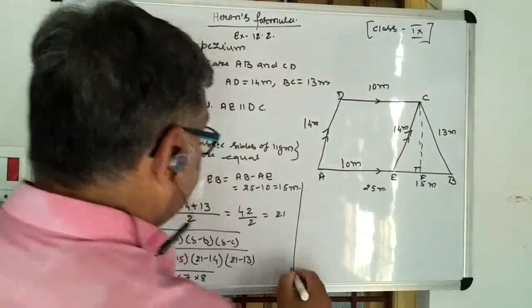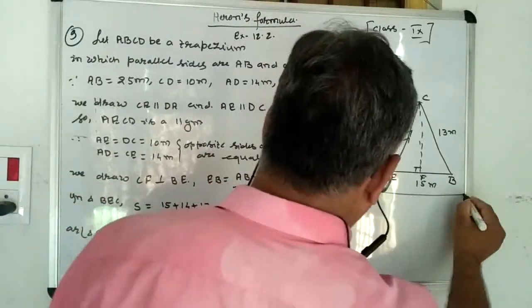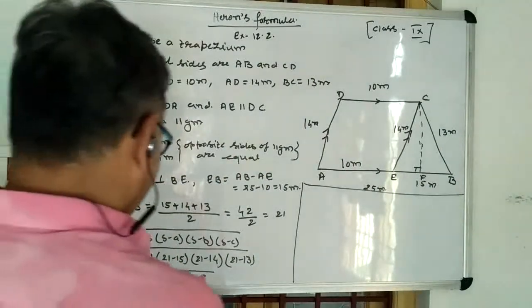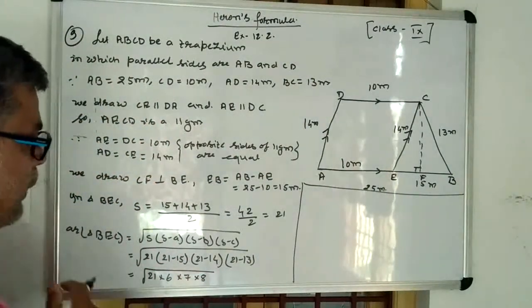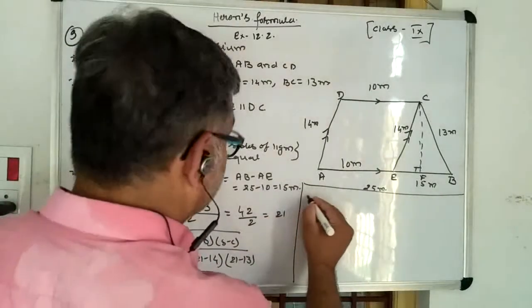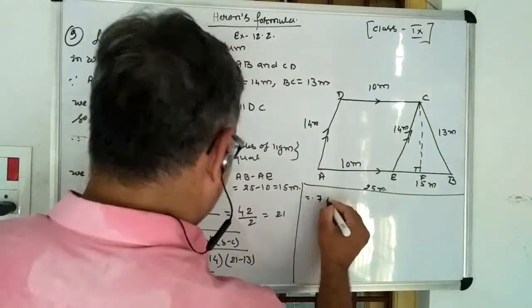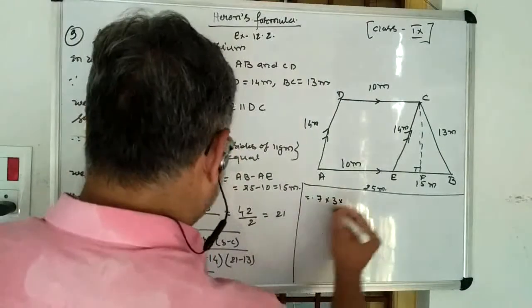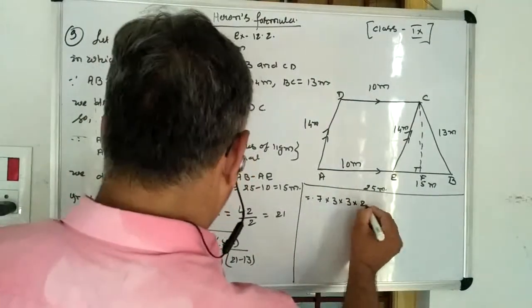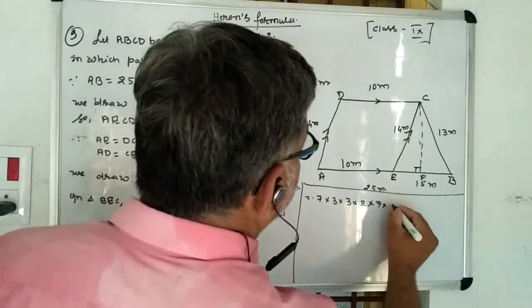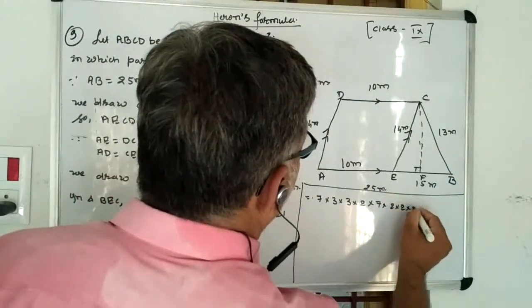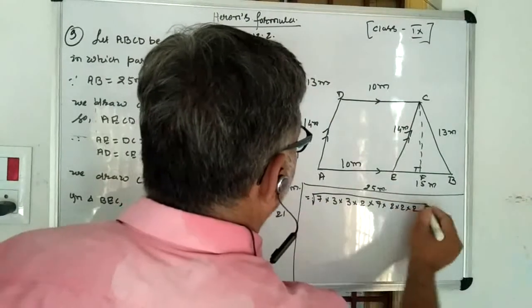Now simplify it. So after simplifying, we have this 21 can be written as 7 into 3, and 6 can be written as 3 into 2, and there is 7, and this 8 can be written as 2 into 2 into 2, under root.